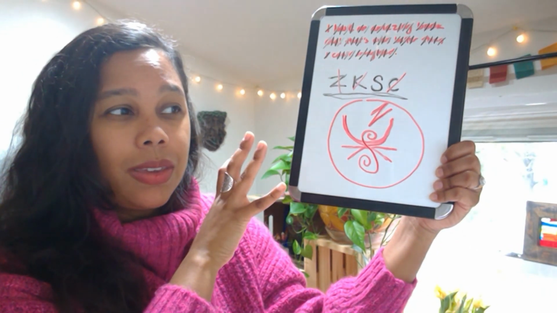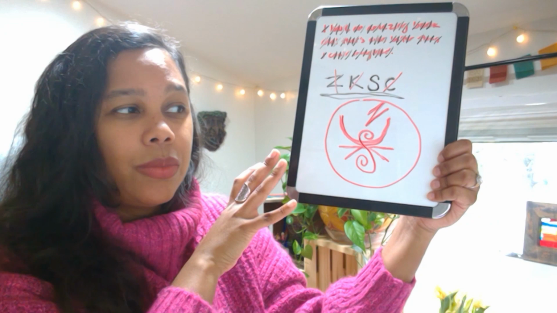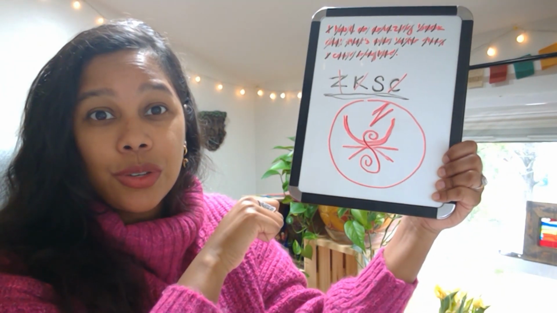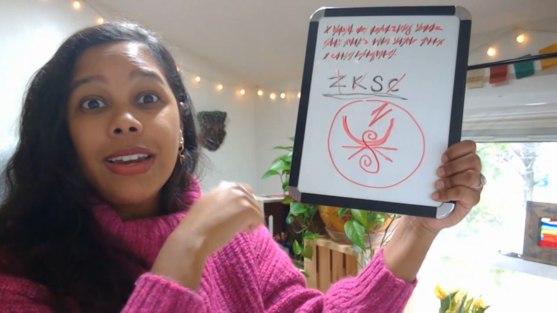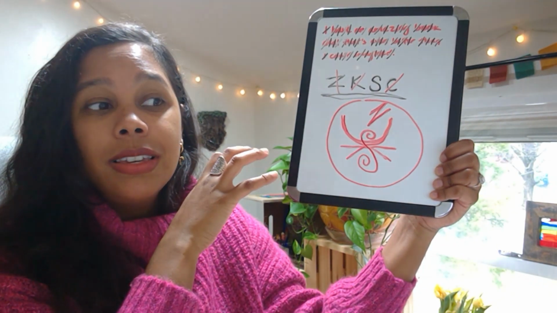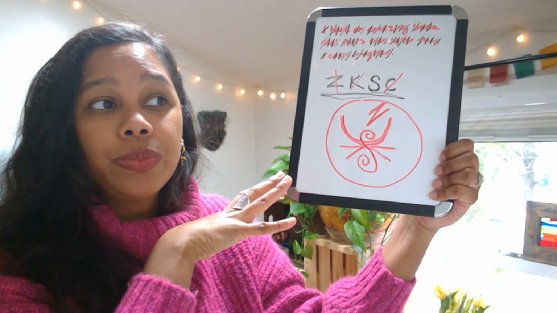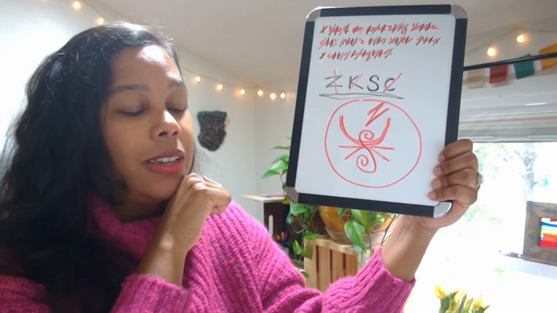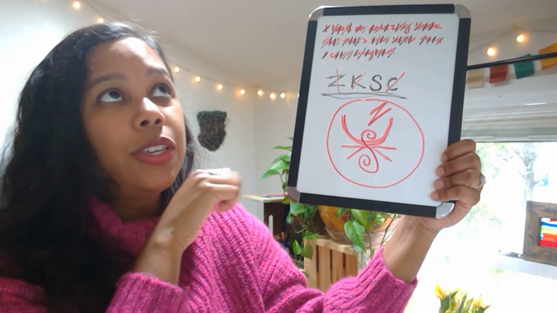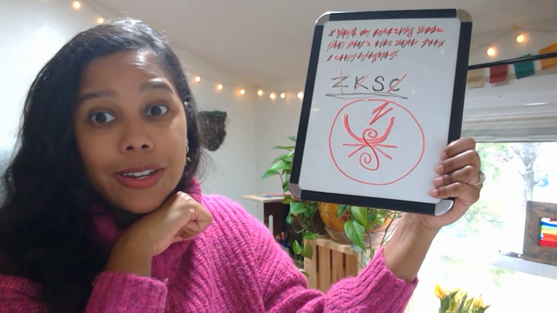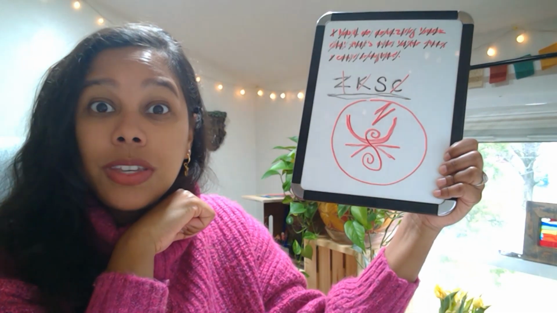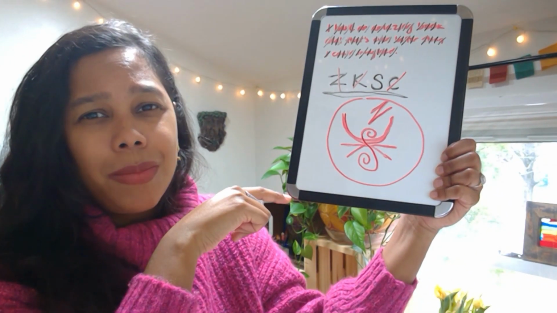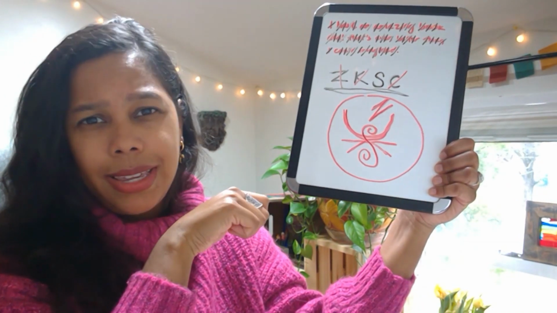You want it to be something that you can easily draw, especially if you intend to use it a lot and work with it a lot. Let's say you created a symbol to help you with your anxiety, and that's something that you see yourself using a lot and drawing a lot, then you ideally want to make it something that you can draw pretty quickly and pretty easily.